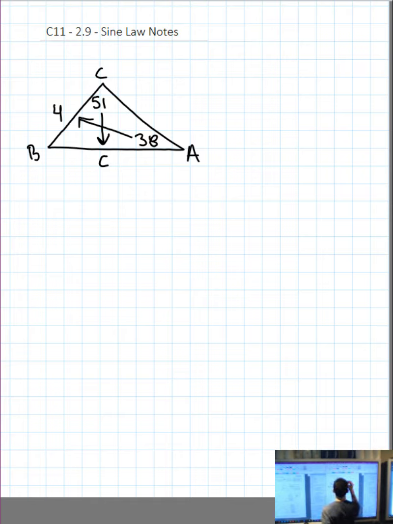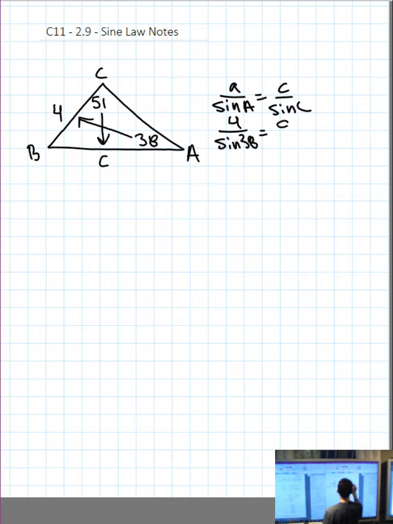Let's go for a over sine A equals c over sine C, putting what we're looking for on top. Then we can substitute. Side a is 4, over sine of the angle A, which is 38, equals c, what we're looking for, over sine C, which is sine 51.